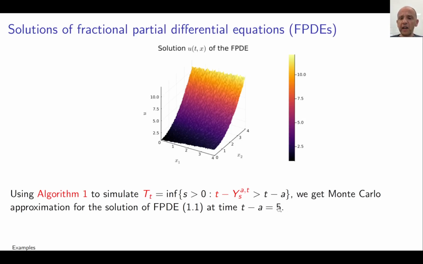So at time 5, you see this two-dimensional thing. This is something that would be very difficult to compute in any other way. Of course, in this example that I presented, we didn't study the computational complexity of this Monte Carlo approximation given a tolerance level of error, right?